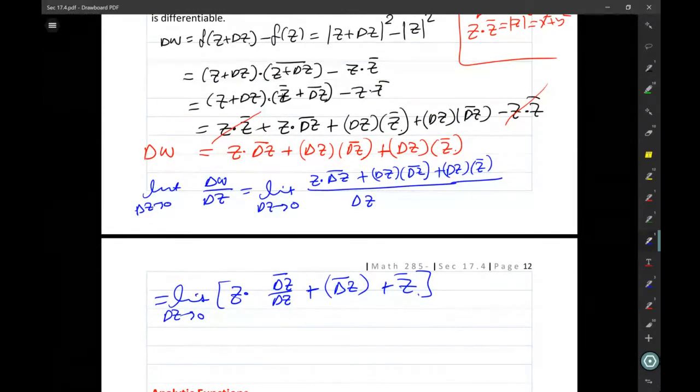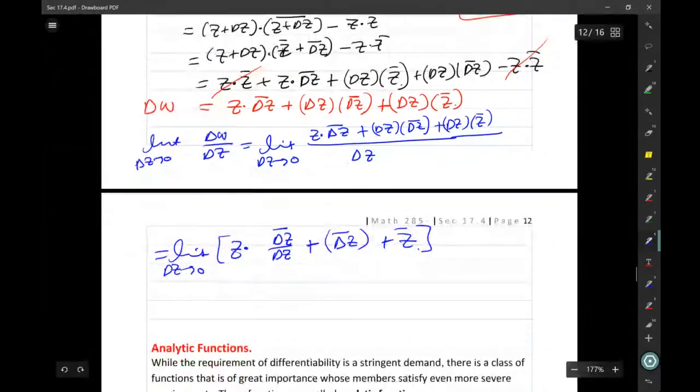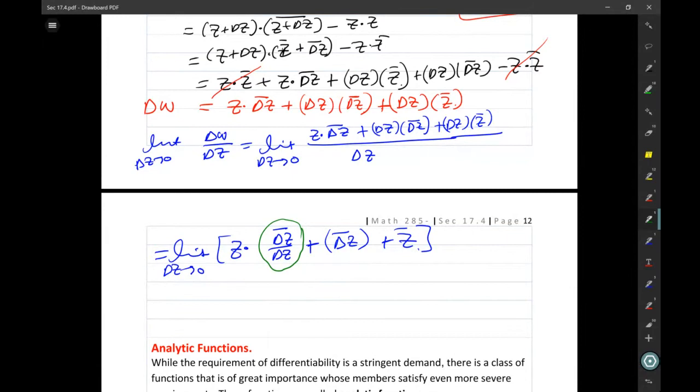Now when delta z goes to 0, here I have to take a different path for this part. We have two cases: if z is equal to 0 or if z is not equal to 0.